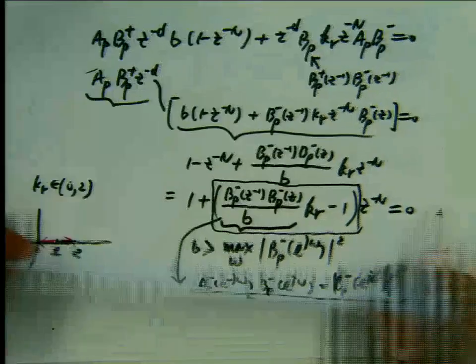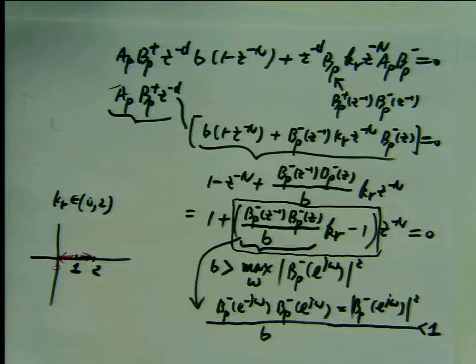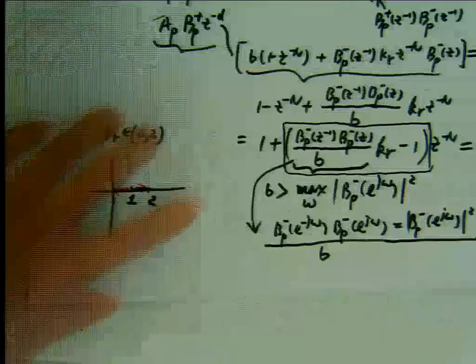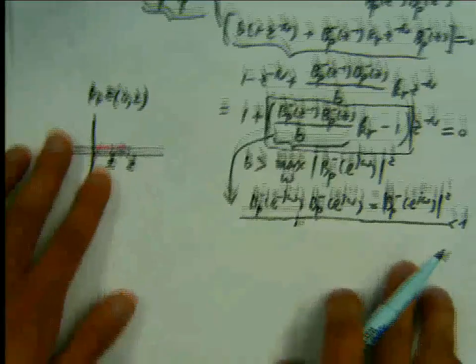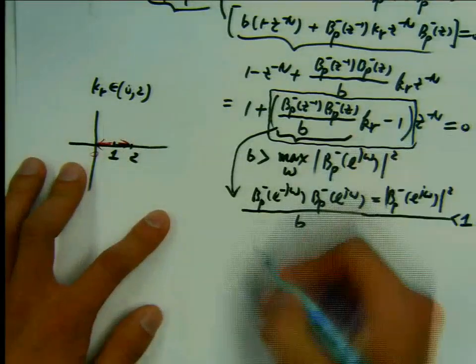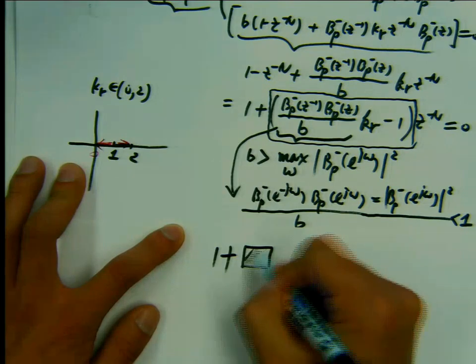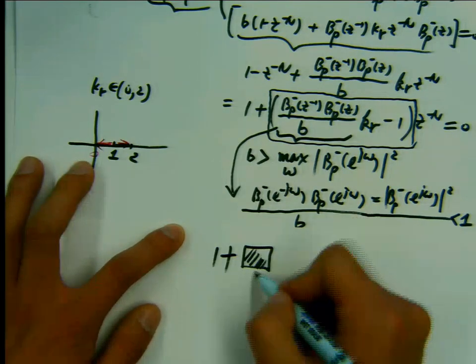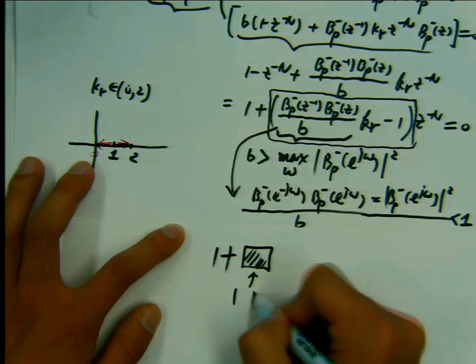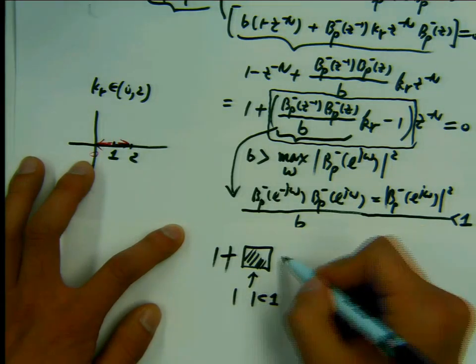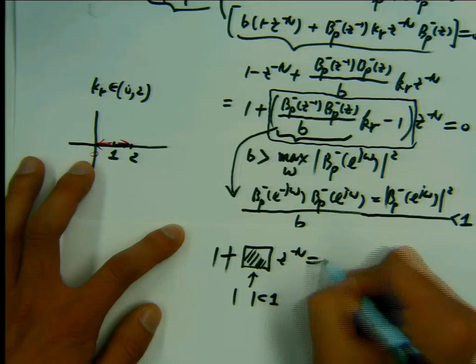Then coming back to the old topic of the distribution of the roots. Now I think it's a good time to talk about the intuition of these roots. So I have 1 plus something. I don't care what this number is, but its magnitude is less than 1. Then 1 plus this, times z negative n, equals 0.